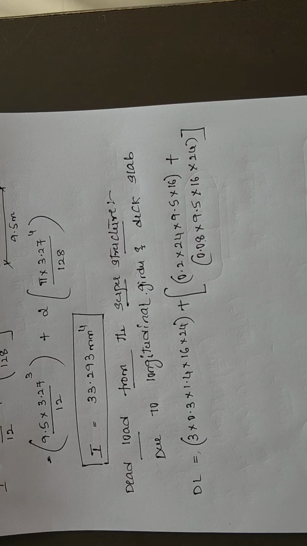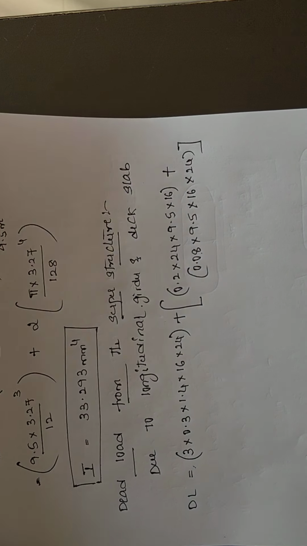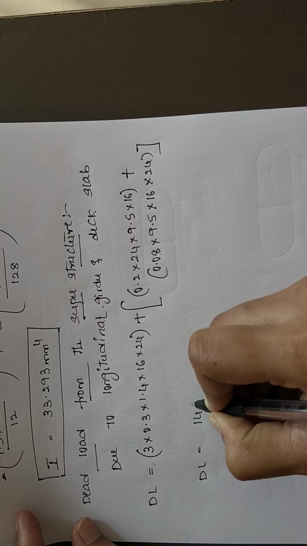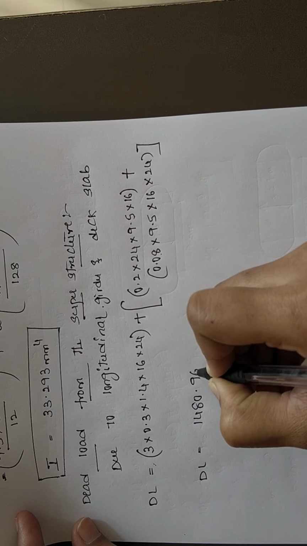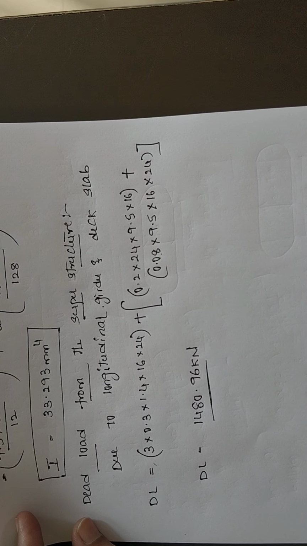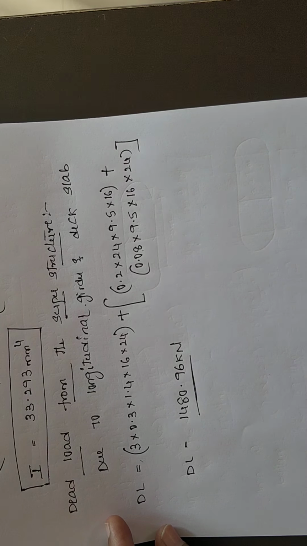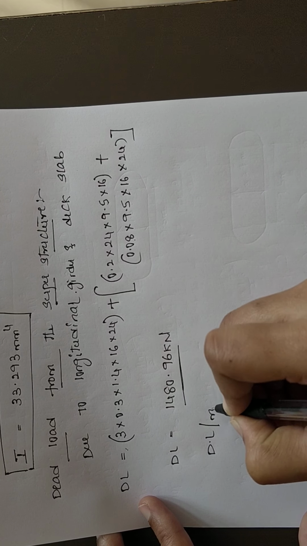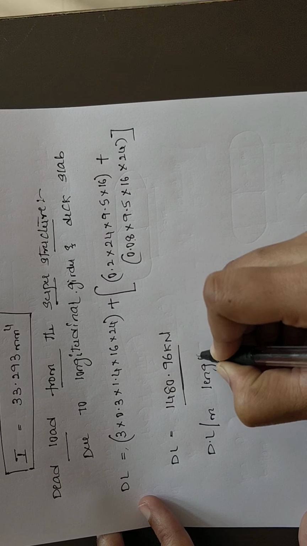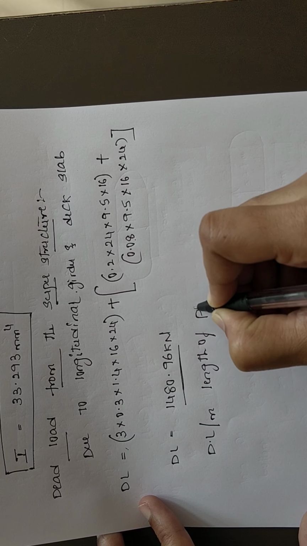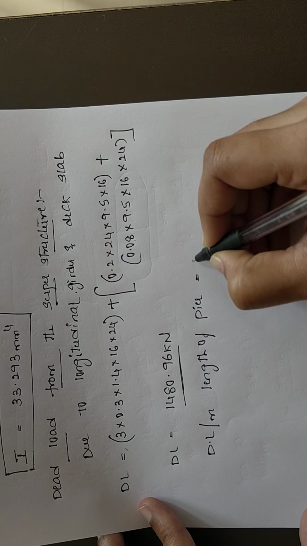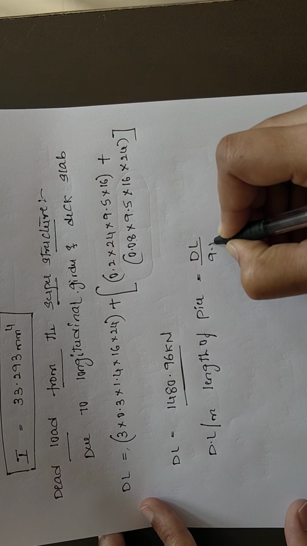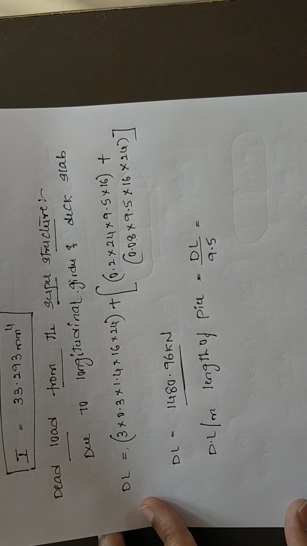Once you have calculated the total dead load from the superstructure, you will get it as 1480.96 kilonewton. This is your dead load. Then you need to calculate the dead load per meter length of the pier, which is equal to dead load divided by the width of the pier, 9.5, that is the length of the pier.